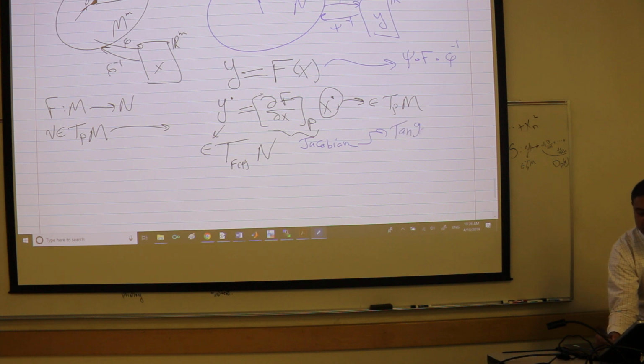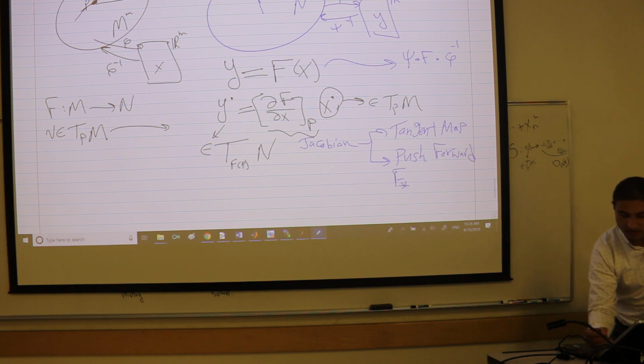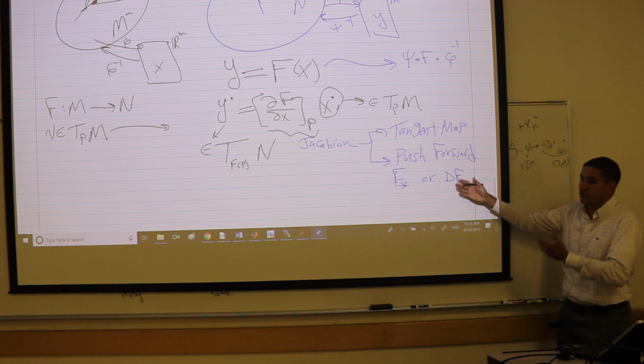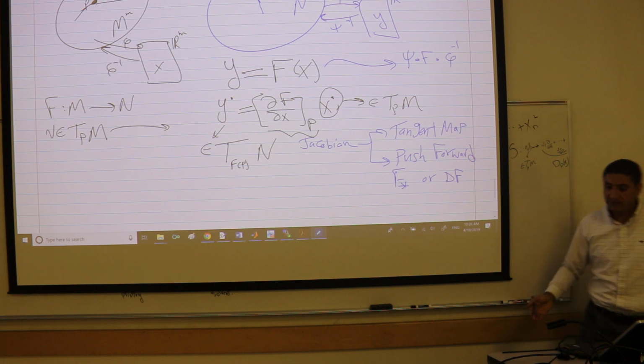It's called the tangent map of f. Okay? Sometimes, and actually most of the time, we call it the push forward of f and denote it by f star. So f star or df is more expressive, because it's the differential of f.